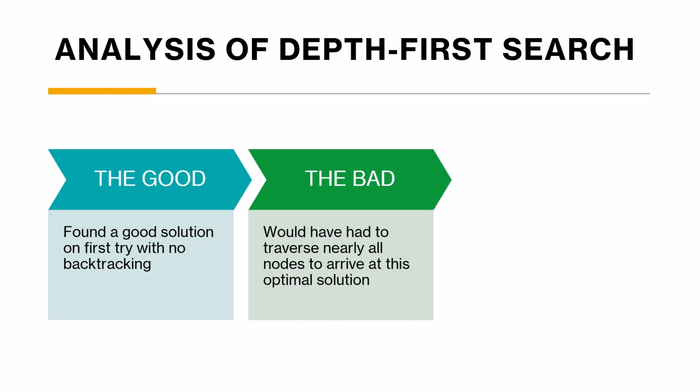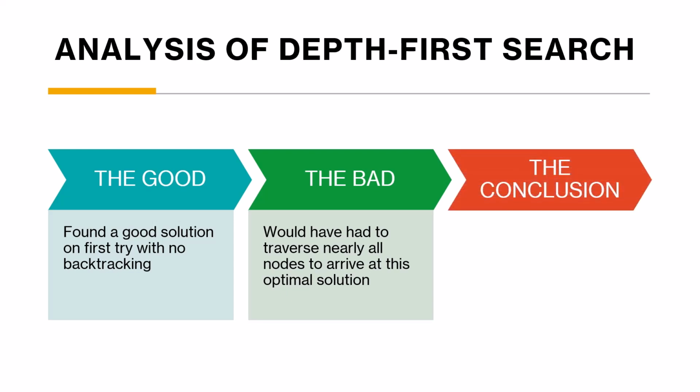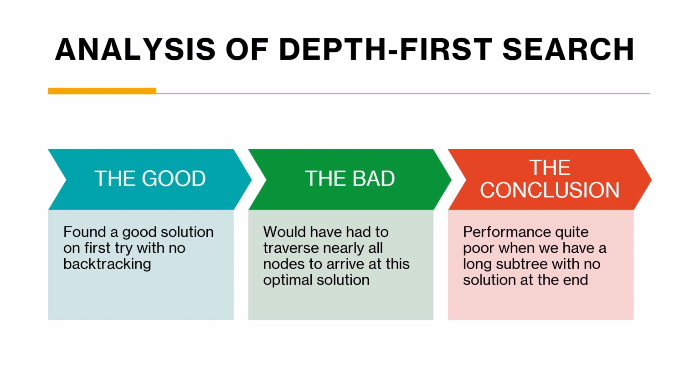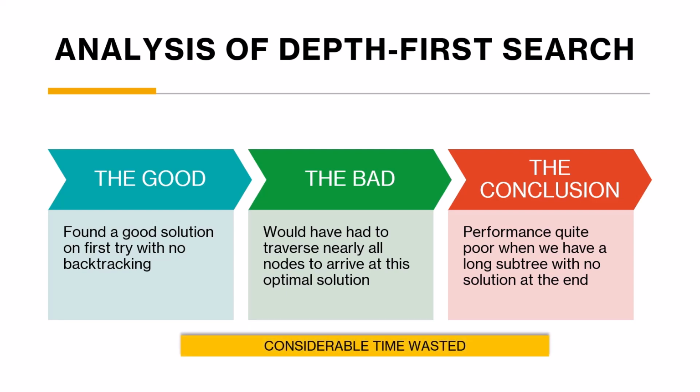It's optimal in terms of this search technique. And so the conclusion for the depth first search technique is that performance will be really poor if we had a long branch or a long subtree and we didn't find the goal or the solution at the end of it, because we'd have to backtrack and then look for another path. And this would result, of course, in a considerable waste of time.